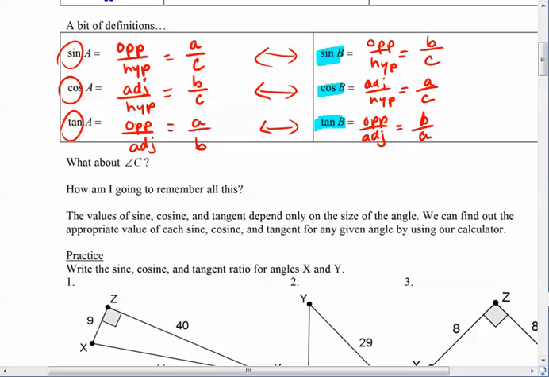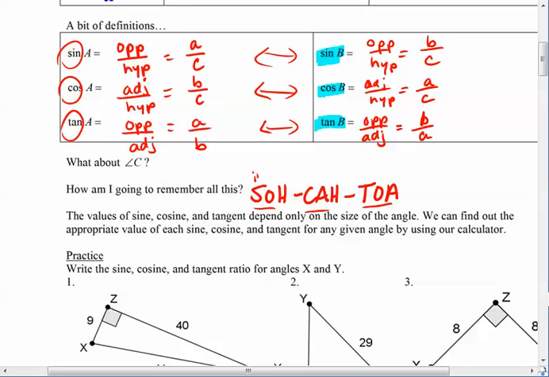How are you going to remember all of this? Well, there's a mnemonic. It's kind of silly. This is pretty much how everybody remembers this. It's an acronym, really, called SOHCAHTOA. What does that stand for?